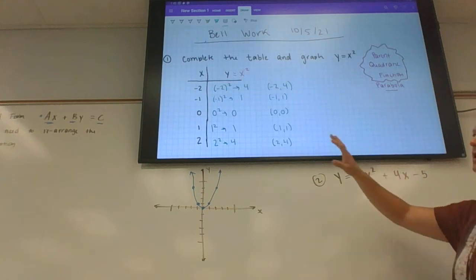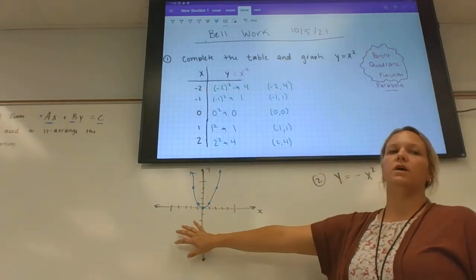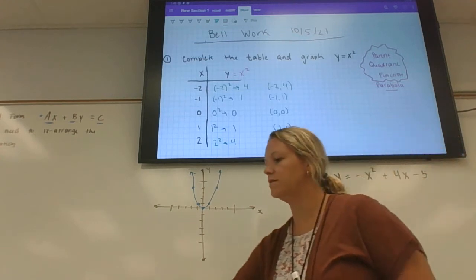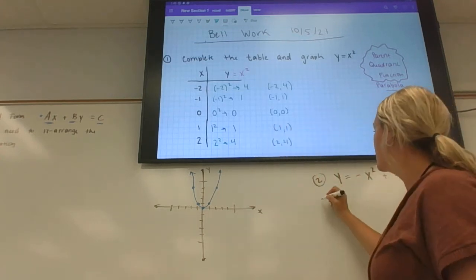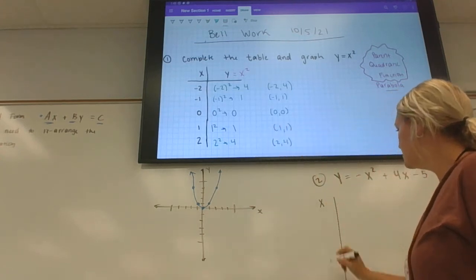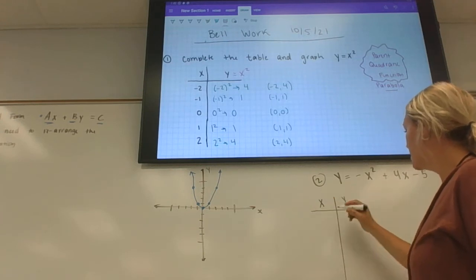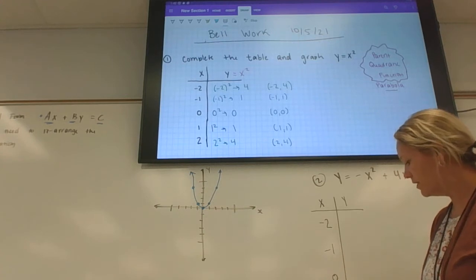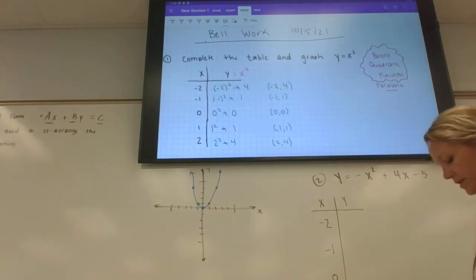We're going to make a table and see if we'll end up with a nice U shape. We're not going to. And we'll talk about why the table doesn't work. So we'll plug -2, -1, 0, 1, 2 in.